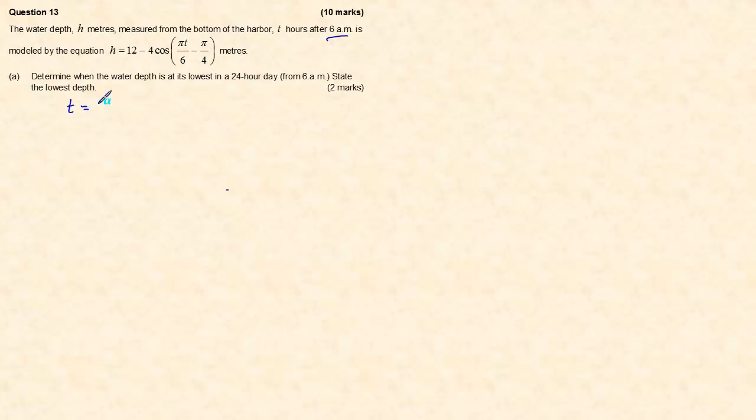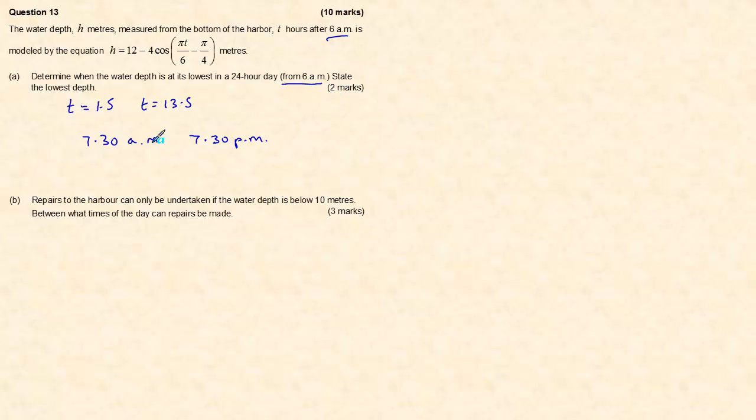So we can say that t is 1.5 and t is 13.5. Remember, this is after 6 a.m., so 1.5 hours. So that's 7:30 a.m. And then again 12 hours later than that, so 7:30 p.m.